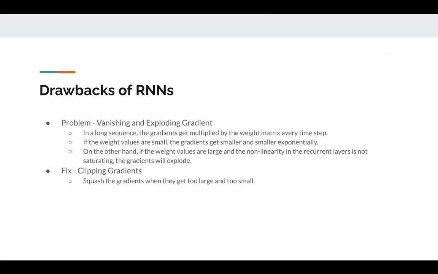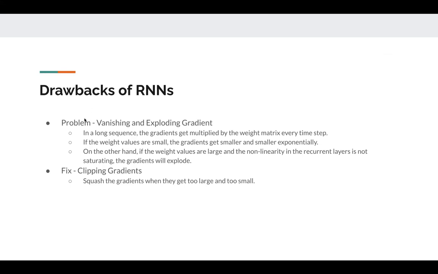So it becomes a headache for learning these things. So in long sequences, the gradients of weights get multiplied by the weight matrices at every step. And if the values are small, the gradients get smaller and smaller. On the other hand, if the values are large and the nonlinearity doesn't adjust them perfectly, they'll simply explode. So this is a huge problem here.